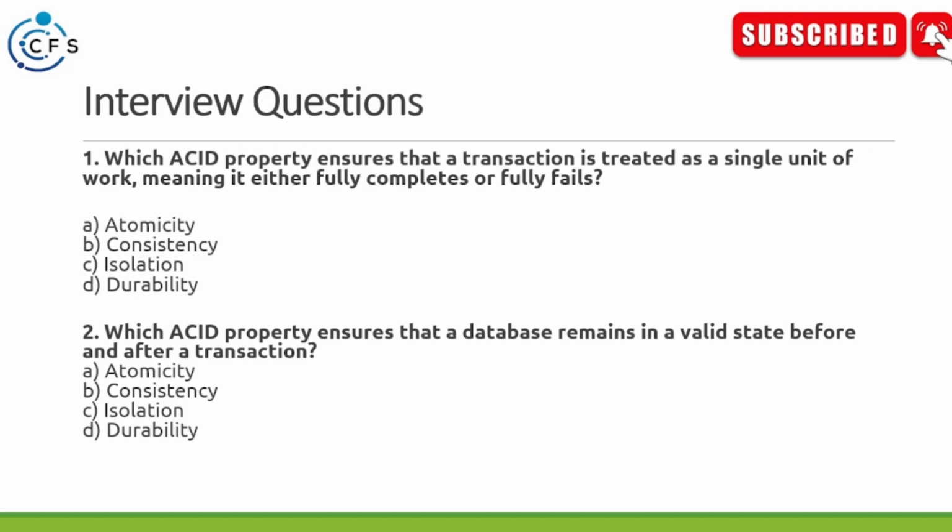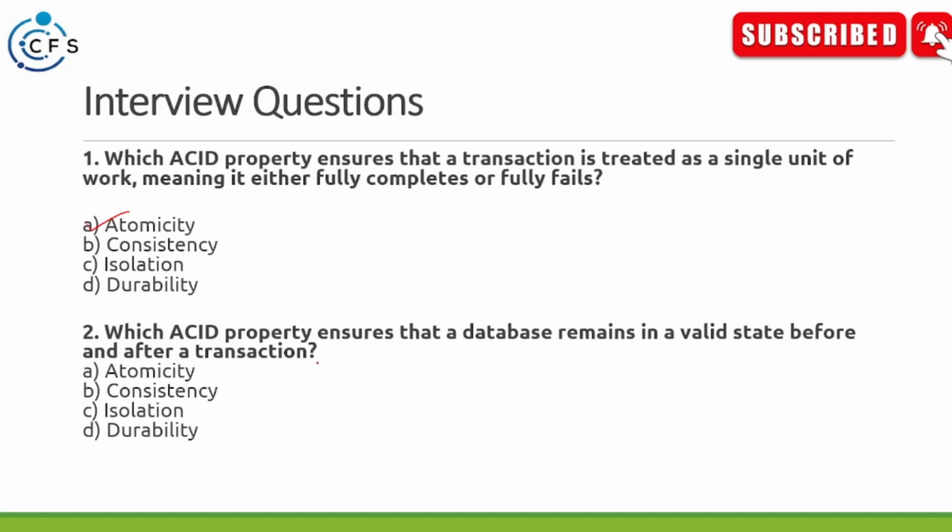It is asking which ACID property ensures that the transaction is treated as a single unit of work, meaning it is either fully completed or fully failed. We have already seen this, and that is atomicity.